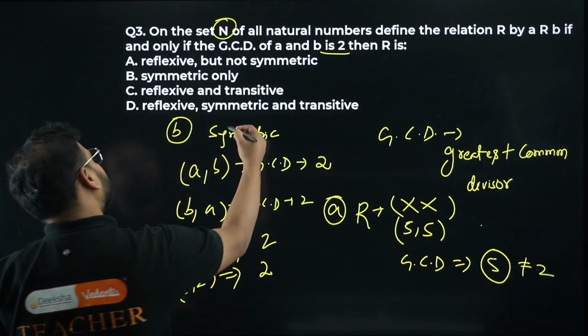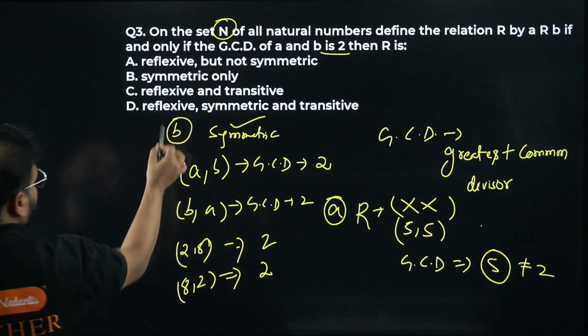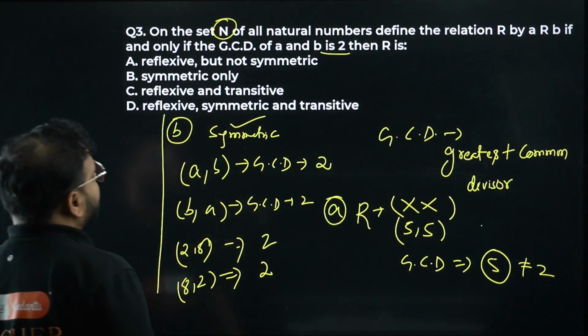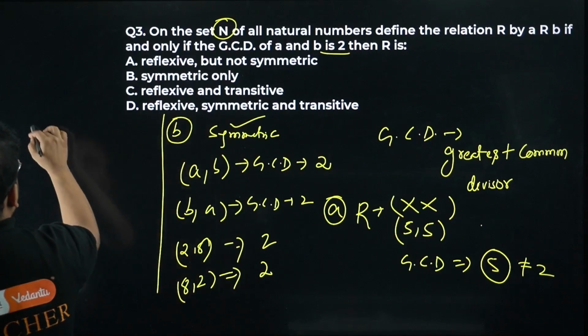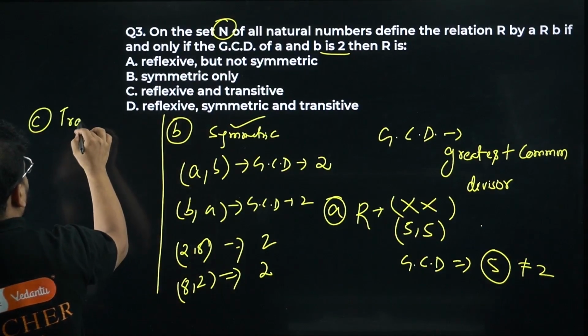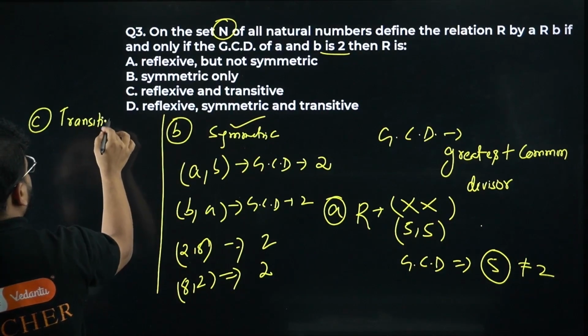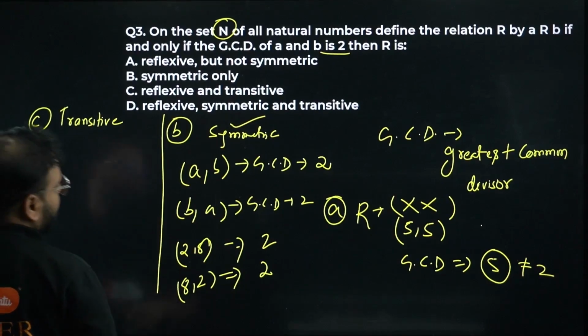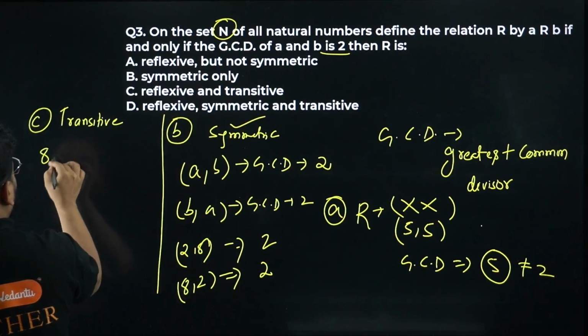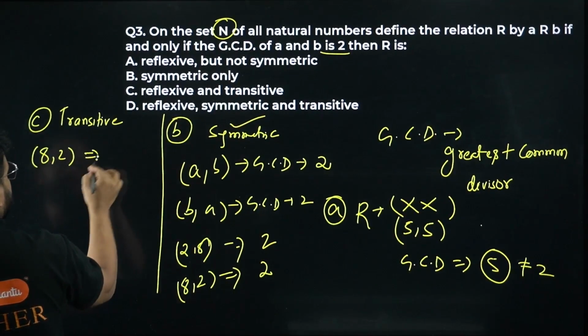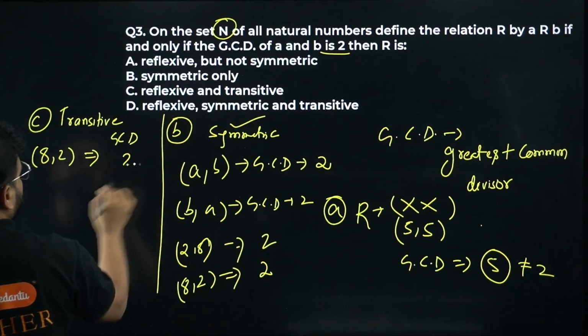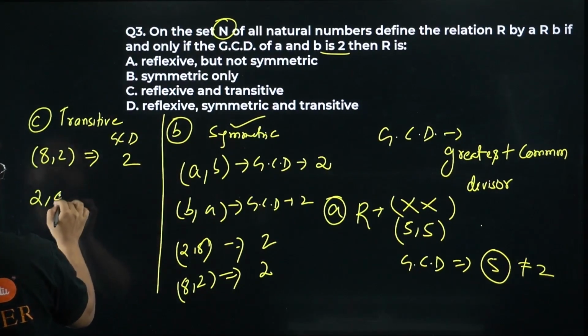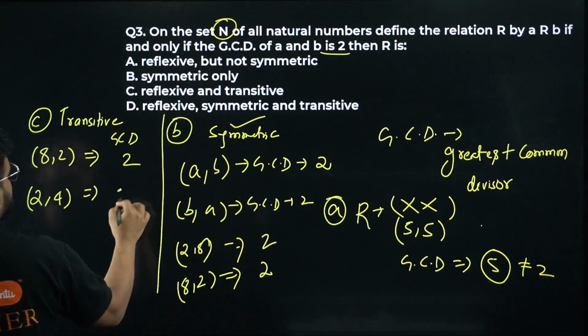It means symmetric, yes. Transitive, you check now. So for the C part, transitive, let me take the ordered pair 8 comma 2. The GCD is 2. Another one, 2 4. The GCD is again 2.